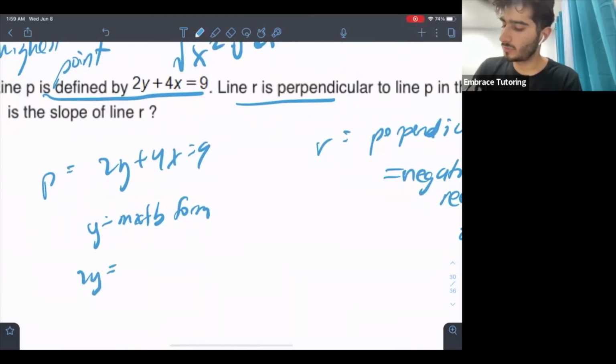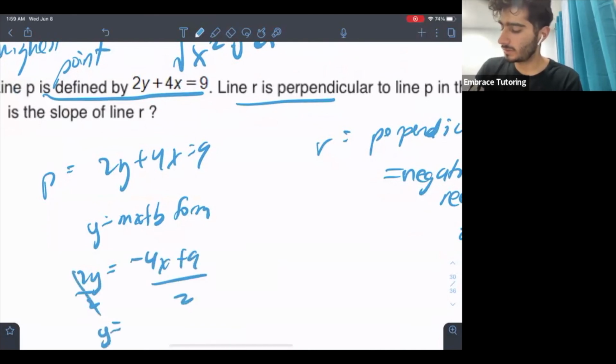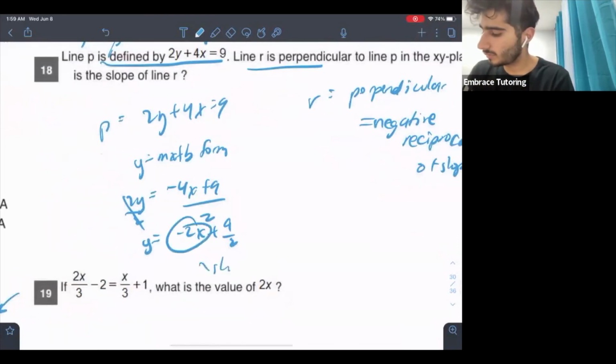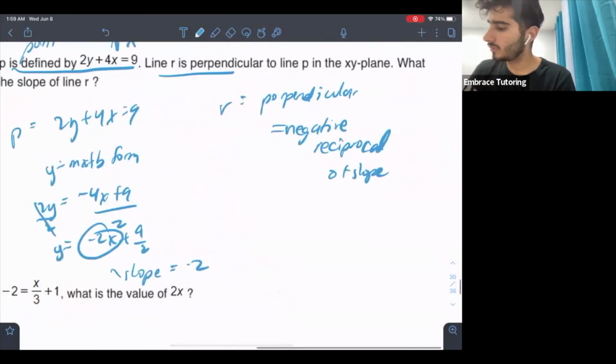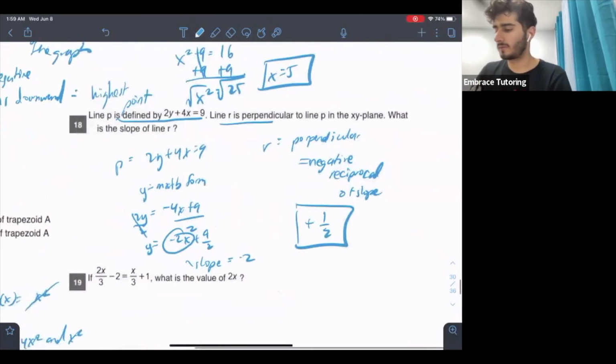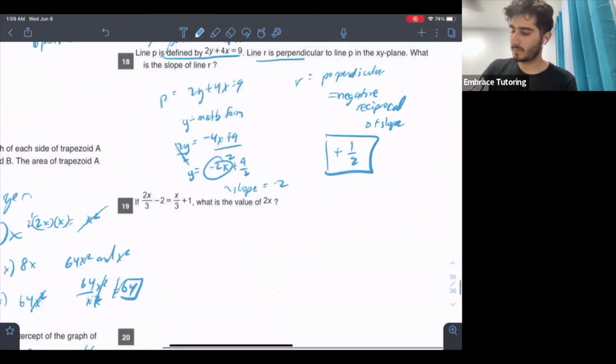So it would give you 2y is equal to negative 4x plus 9, divided by 2 on both sides. y is equal to negative 2x plus 9 over 2. And then since you know the slope is equal to negative 2, the negative reciprocal of negative 2 would be positive 1/2, and that would be our answer for question 18.